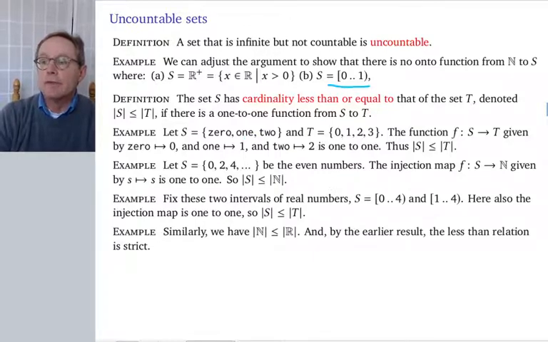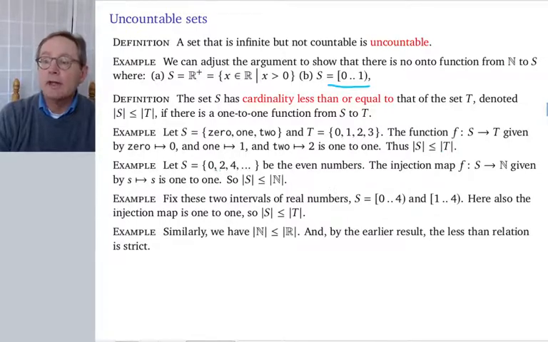So we have the set I wrote down in words, 0, 1, 2, and the set 0, 1, 2, 3. And obviously you can find a map that takes S to T because you take the word 0 to 0, you take the word 1 to 1, and the word 2 to 2, and that's clearly a one-to-one function. It happens not to be onto, but anyway, it's one-to-one. So the cardinality of S is less than or equal to the cardinality of T. In fact, it's strictly less, but anyway, it's less than or equal to.